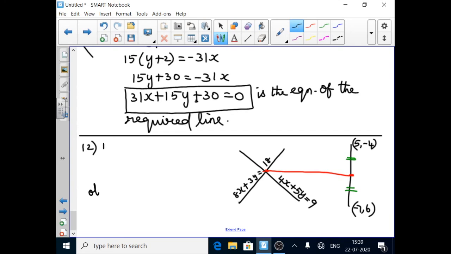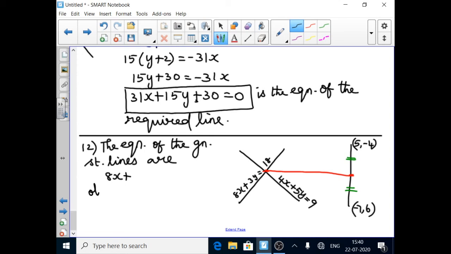So the equation of the given straight lines are 8x plus 3y is equal to 80.